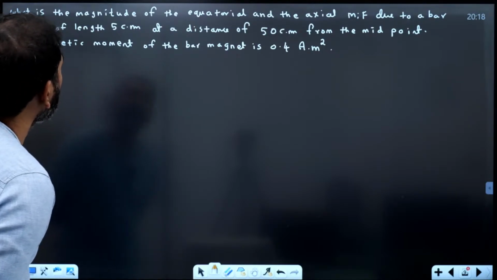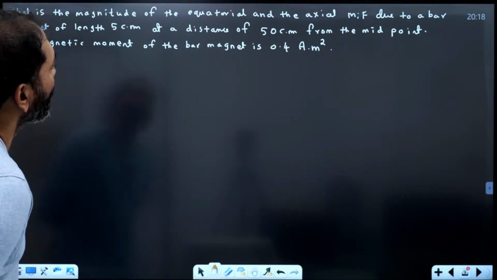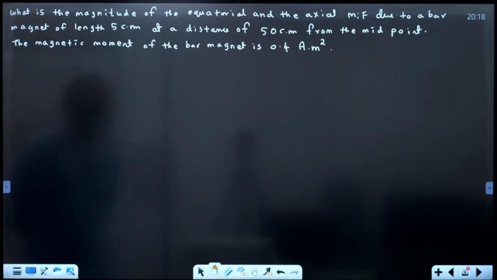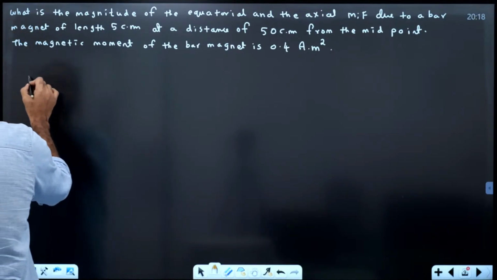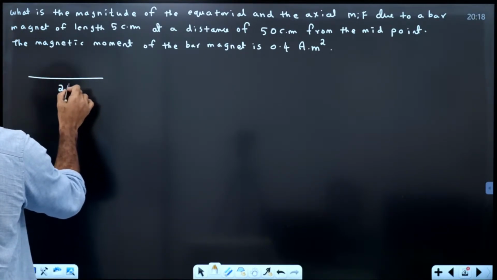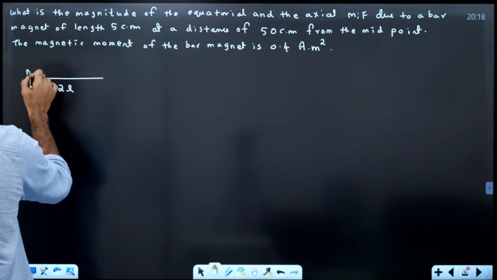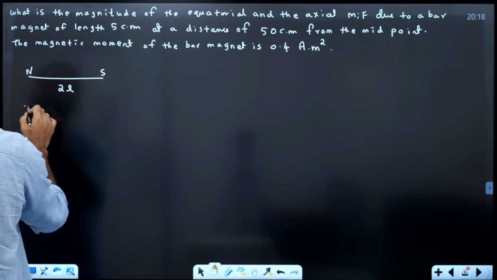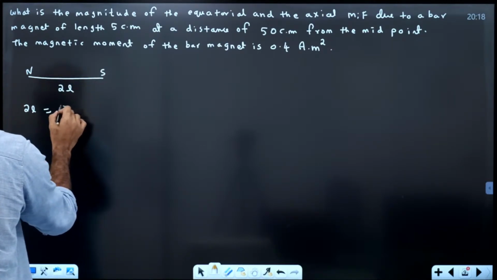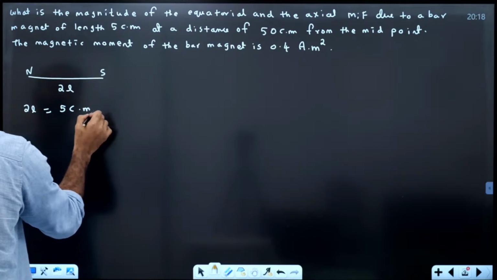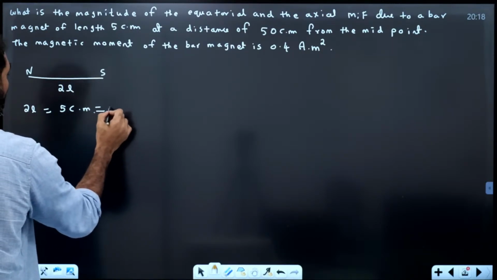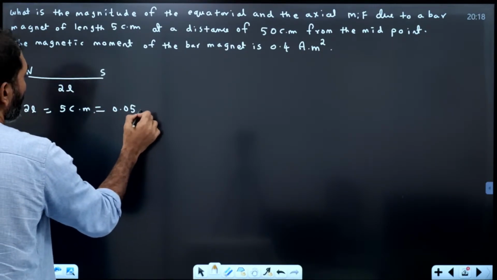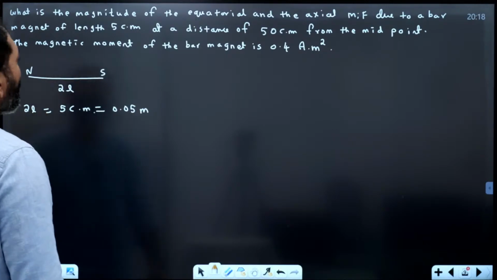Now let's see the magnitude of the equatorial and the axial magnetic field due to a bar magnet. The bar magnet length is 2L. This is the north pole, this is the south pole. That 2L is given as 5 centimeter, so that is 0.05 meter, the distance between the poles.